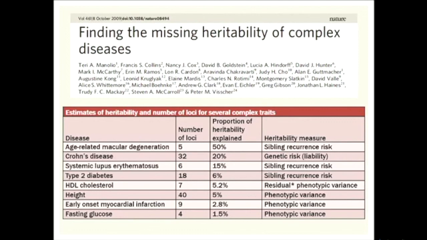And for most disorders, the contribution to the heritability of the identified SNPs is quite low. There are some exceptions. The macular degeneration example is really the best example of one with a high contribution, but for most disorders, it's rather low.